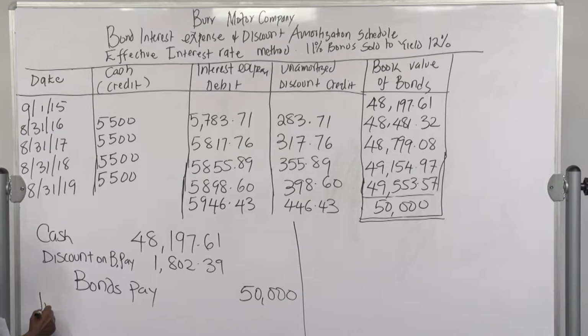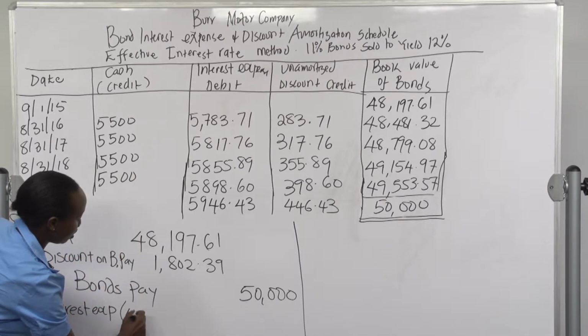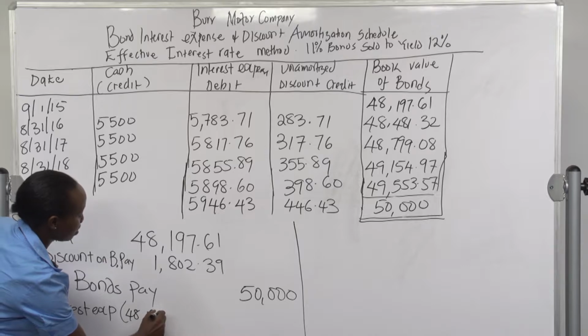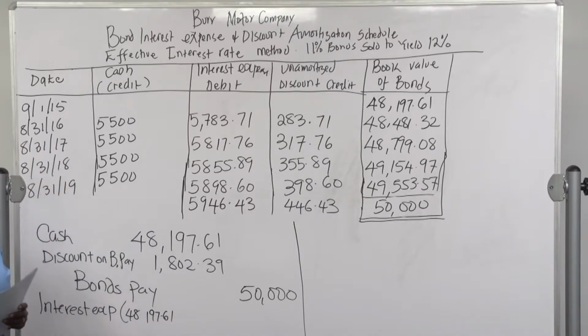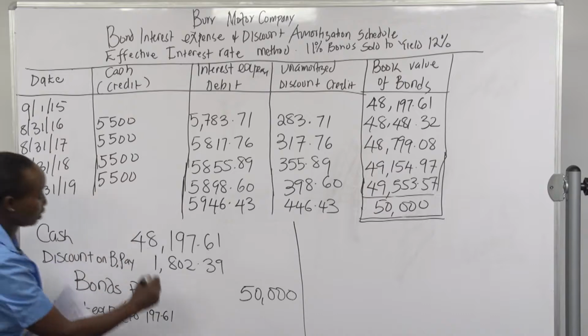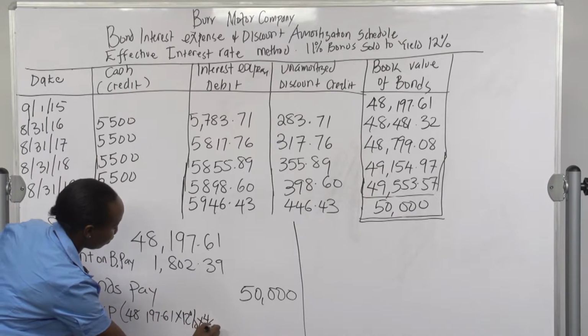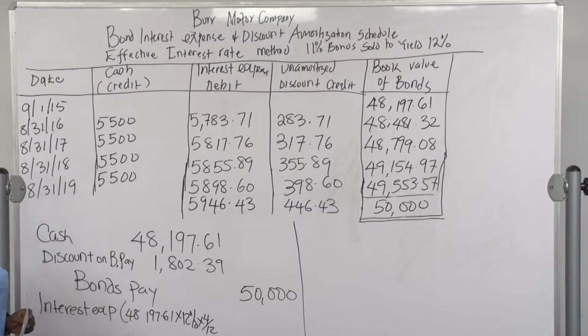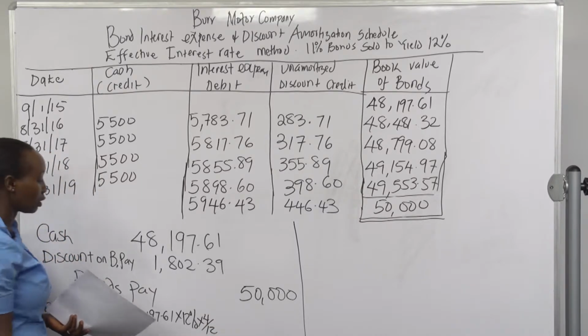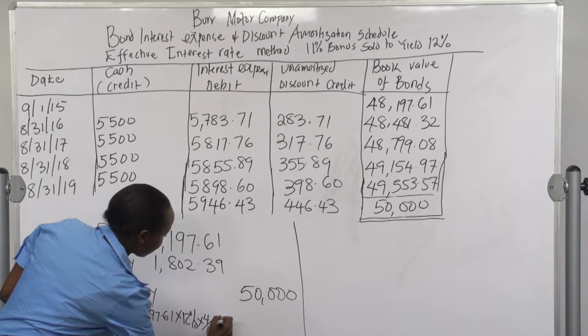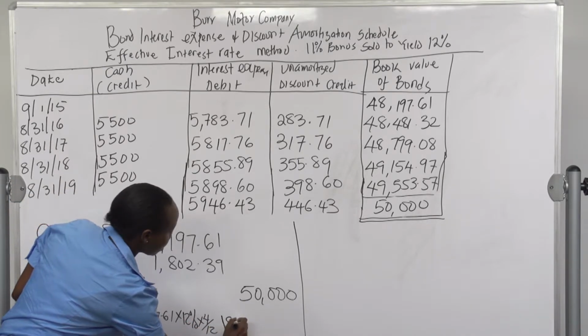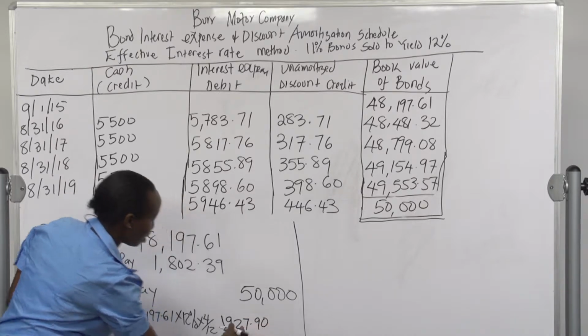So interest expense on December 31st is equal to the last carrying value, 48,197.61, times the 12%, which is our yield rate, times 4/12. The 4/12 is the 4 months from September 1st through December. That gives us $1,927.90. So that's a debit.